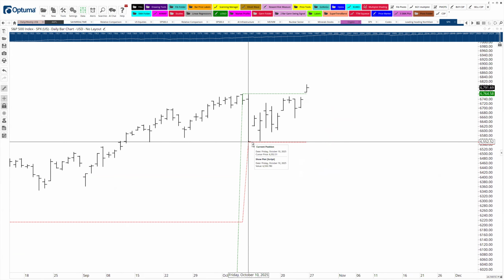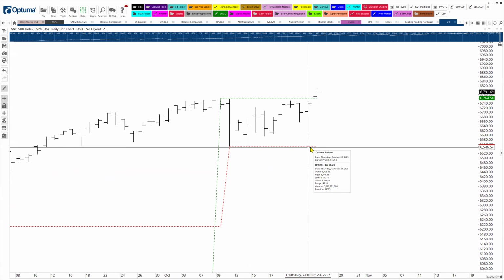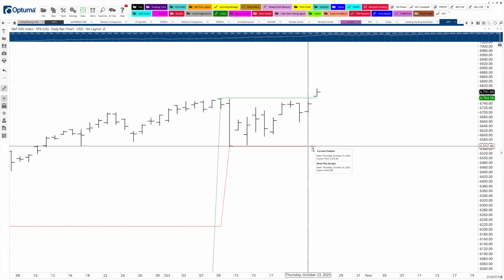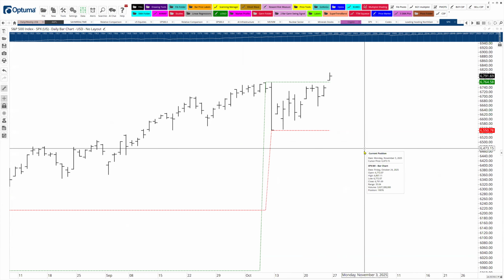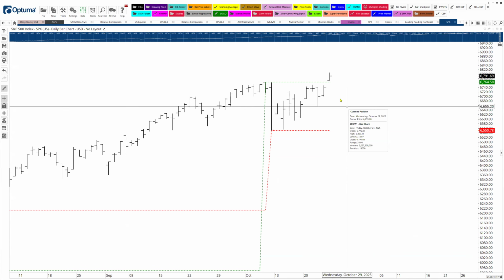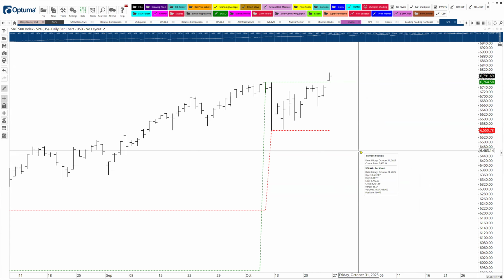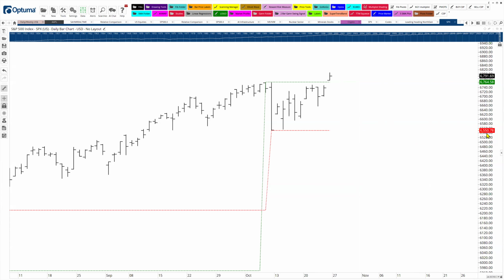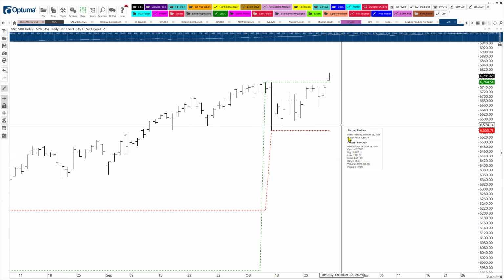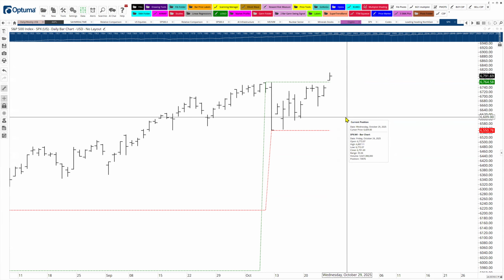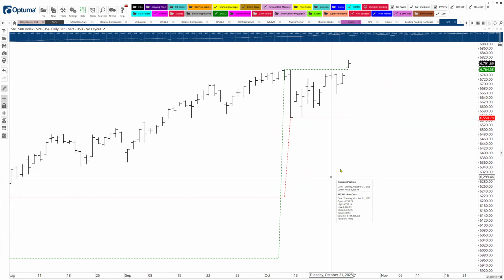So now we have a pivot high here and a pivot low here for the 10 bars. When you end up breaking the downside pivot, which is right there, 6,550, that's when the price is going to come under pressure. You're definitely going to have downswings and the direction will shift.